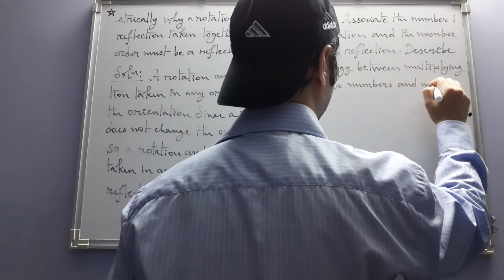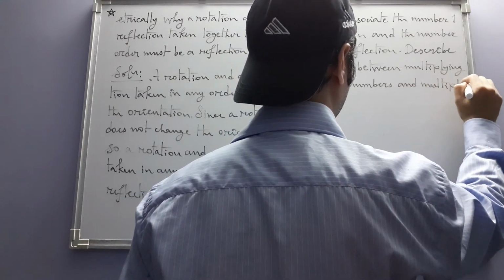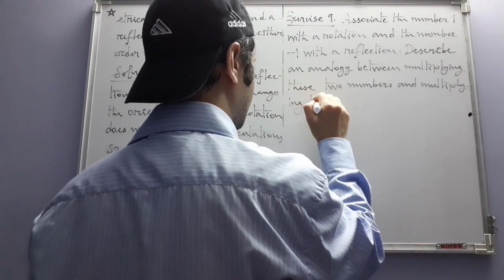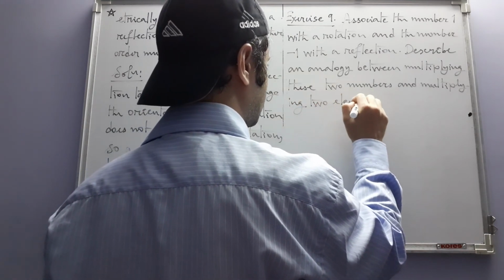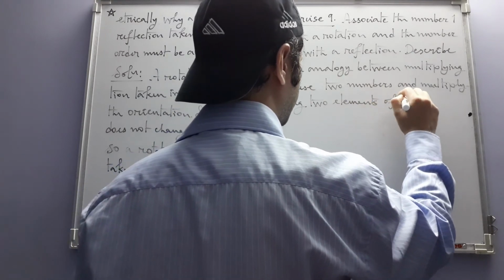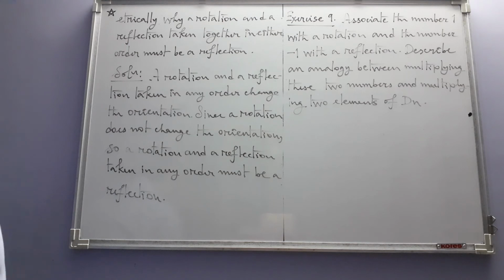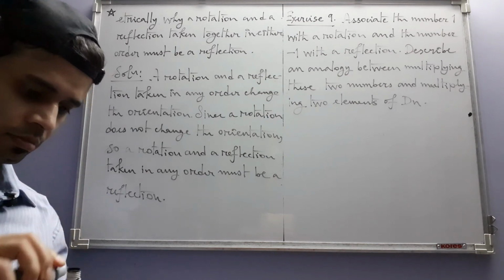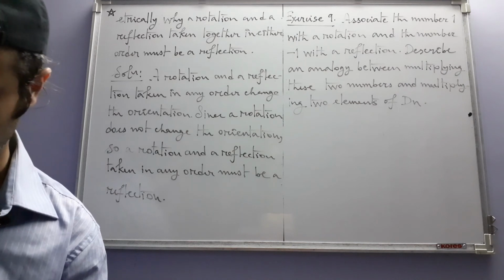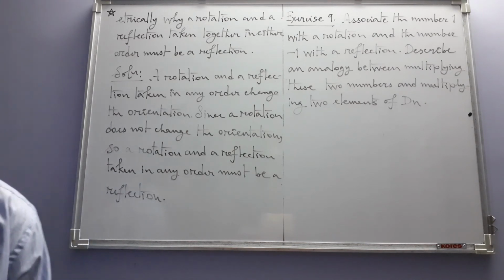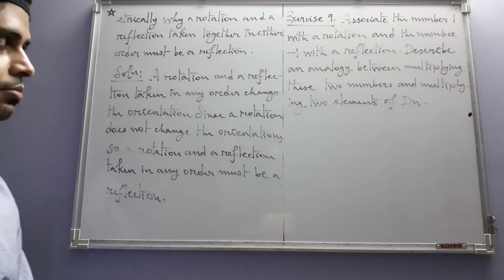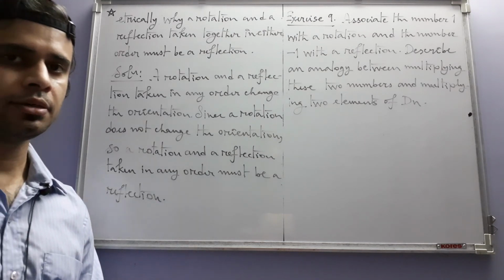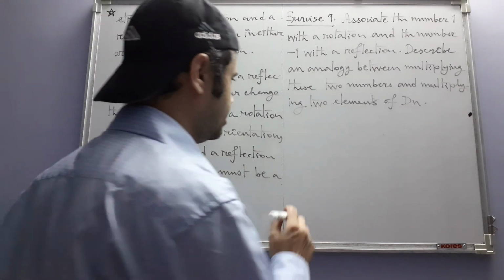Multiplying two elements of Dn means composing two elements of Dn.